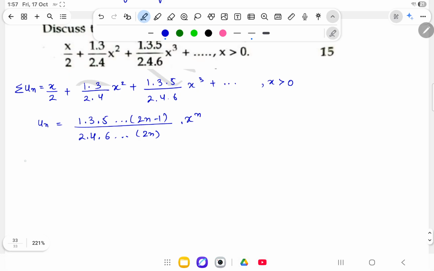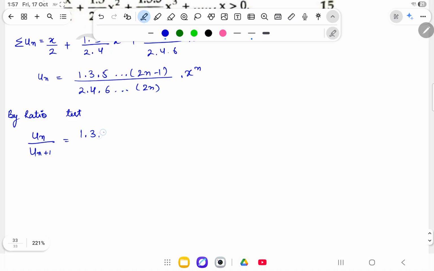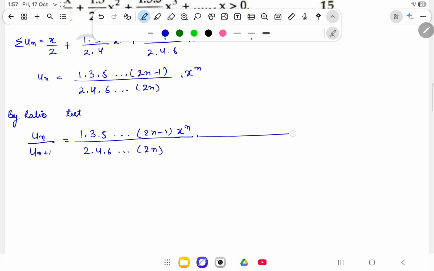And if we use the ratio test, let's first calculate this term, that is un by un plus 1. So it will be equal to 1, 3, 5 up till 2n minus 1 divided by 2, 4, 6 up till 2n, times x raised to n, multiplied by 1, 3, 5 up till 2n minus 1 times 2n plus 1 divided by 2, 4, 6 up till 2n times 2n plus 2, and x raised to n plus 1.